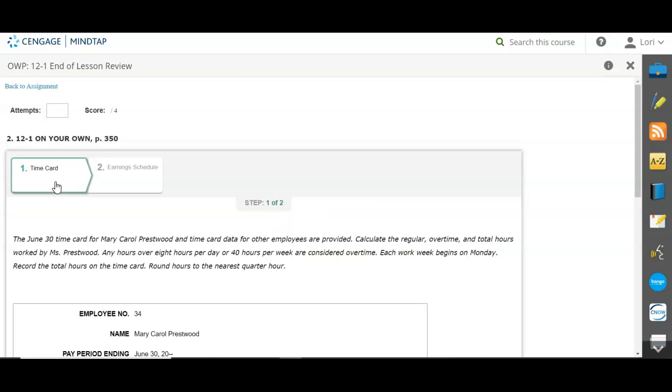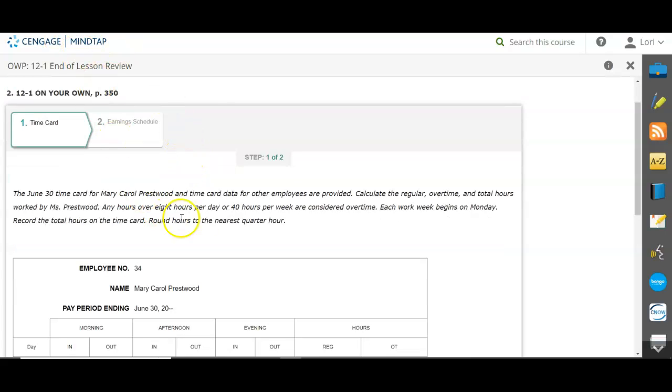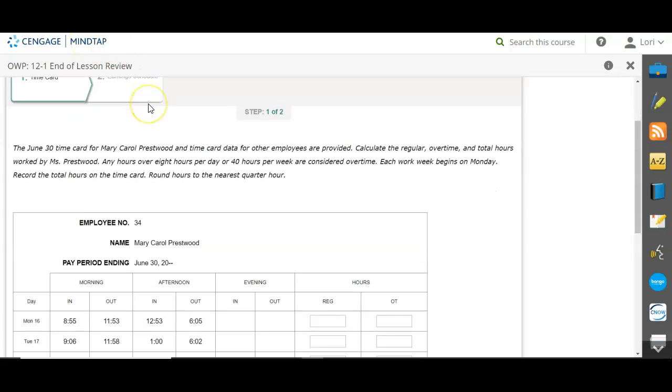I practiced this and I completed the work together. So we're just going to do it a little backwards, which isn't a problem. I'm going to wait a second while you find it and get it open. Remember, you're opening the one that's labeled 12-1 on your own. All righty. I'm going to assume that everybody has it open.